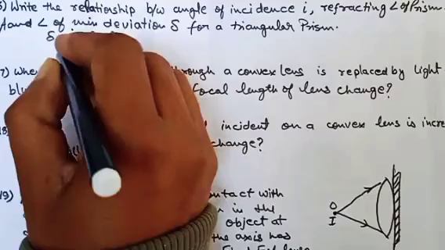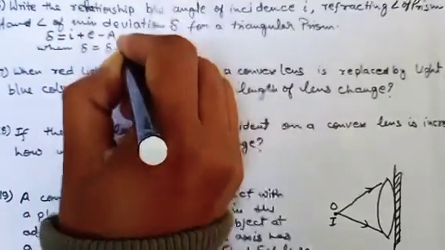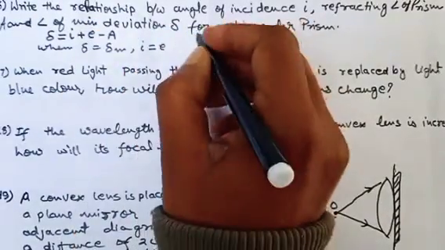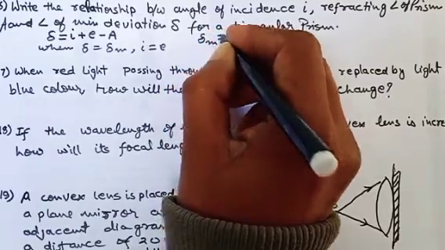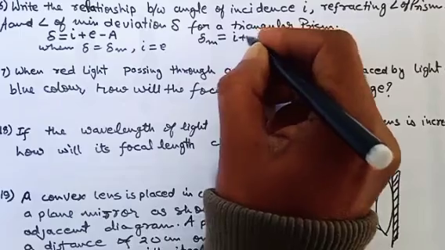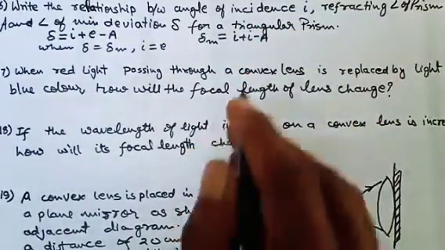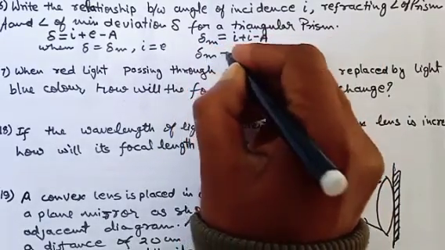So when delta equals delta m, then I equals E. So we will now replace the values. Delta is replaced by delta m, I is replaced with I, E is replaced with I, and A is the prism angle. So this will be the required relation for angle of minimum deviation.